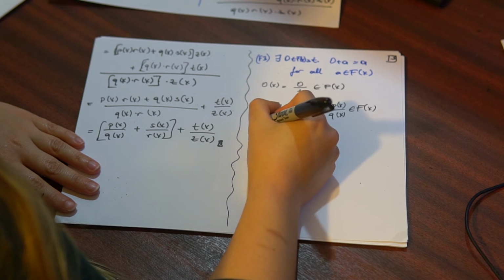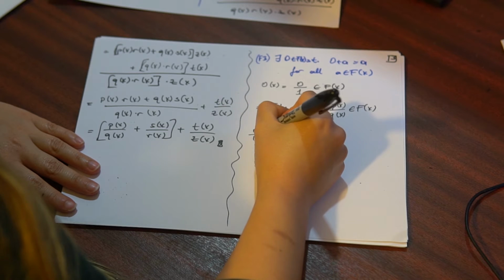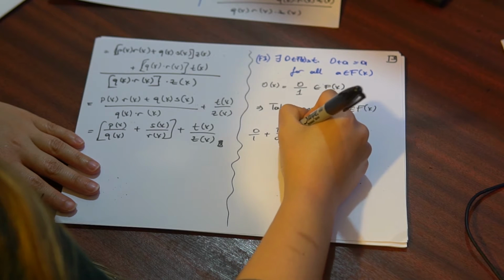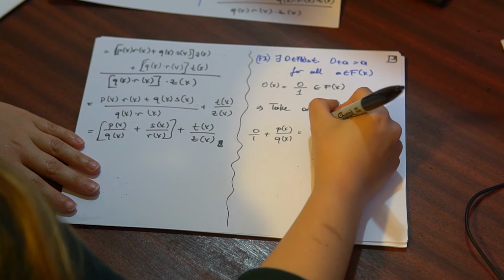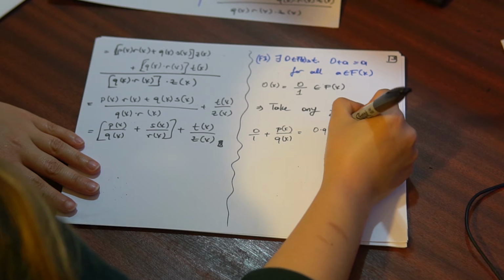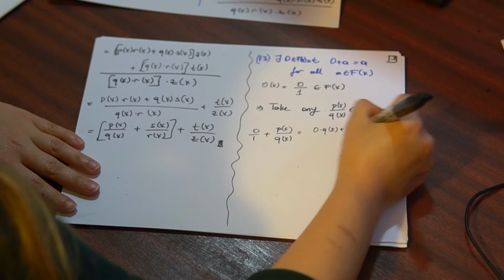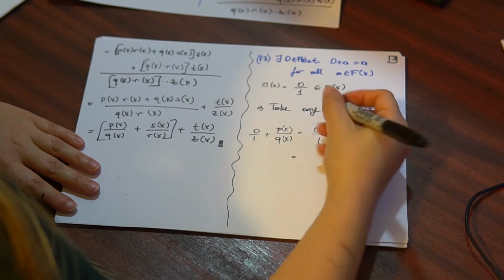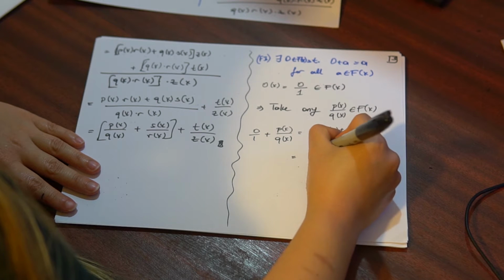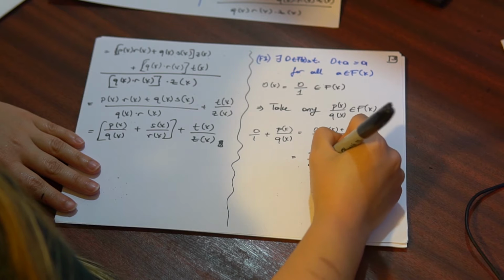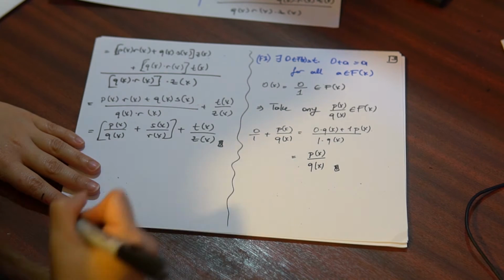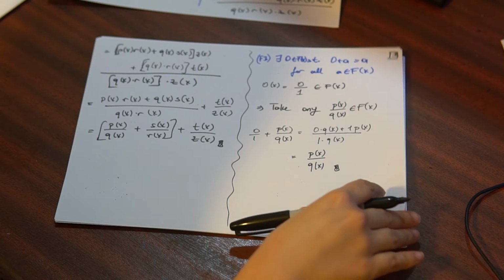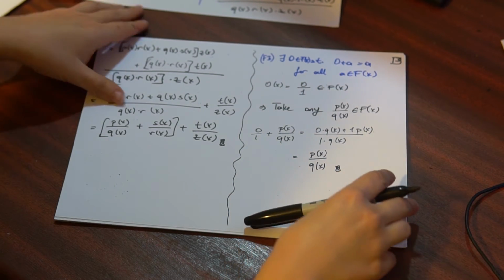So 0 over 1 plus p of x over q of x is equal to 0 times q of x plus 1 times p of x over q of x. So this is equal to p of x over q of x. So there is a 0 element, so we show the axiom 3.